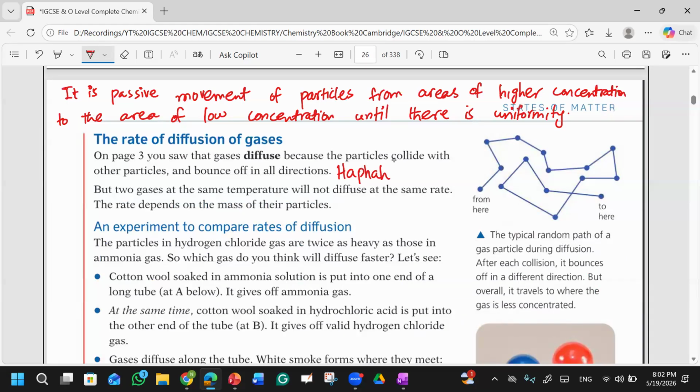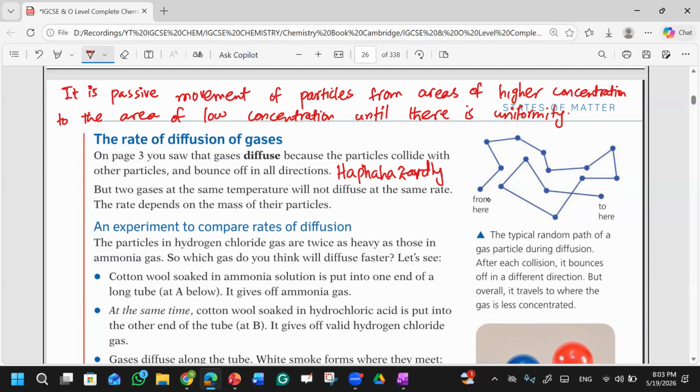The gas particles move haphazardly. What does it mean? That they don't have a specific direction. The gas particles can move in any direction.